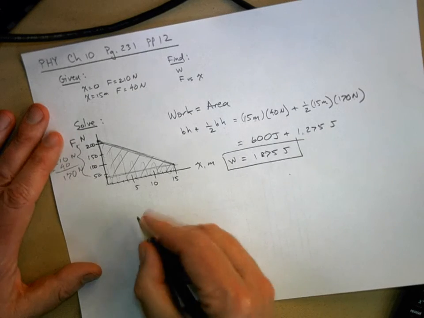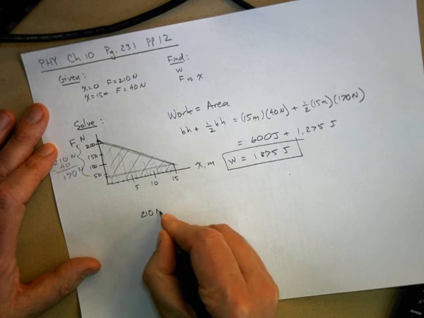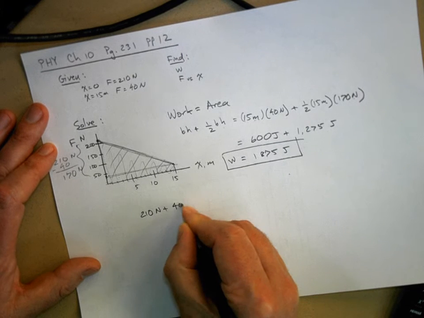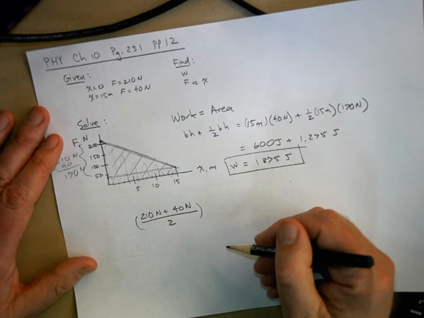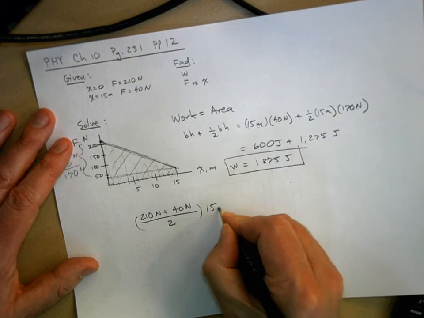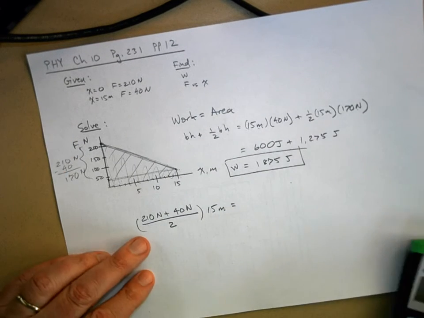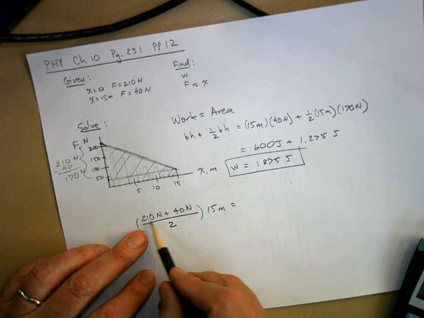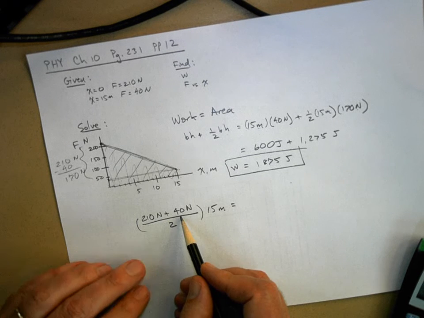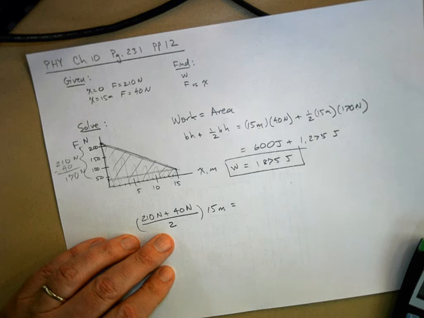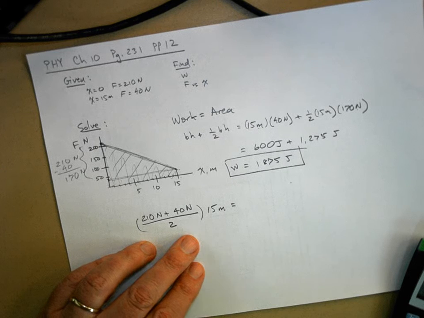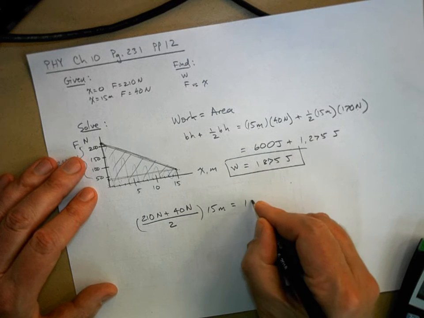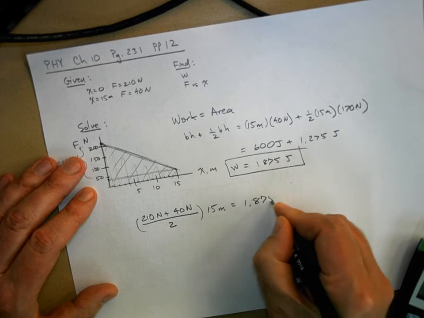So the average base would be 210 newtons plus 40 newtons divided by 2. That gives you the average base times the height, which is 15 meters. So 210 plus 40, that's 250 newtons. 250 divided by 2 is 125 times 15. That gives you the same answer, 1,875 joules.